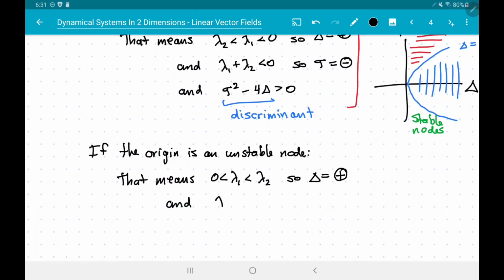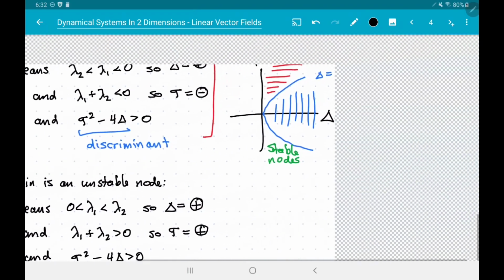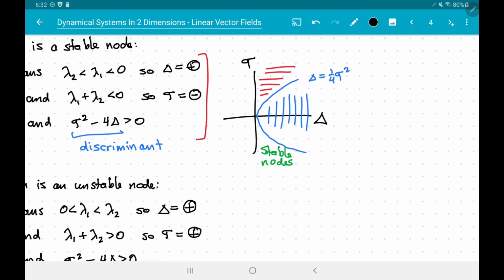And lambda 1 plus lambda 2 is greater than 0. So tau is also positive. And again, we need to get real numbers out of the quadratic formula, so tau squared minus 4 delta must be greater than 0. So that means that, let me kind of move this around.